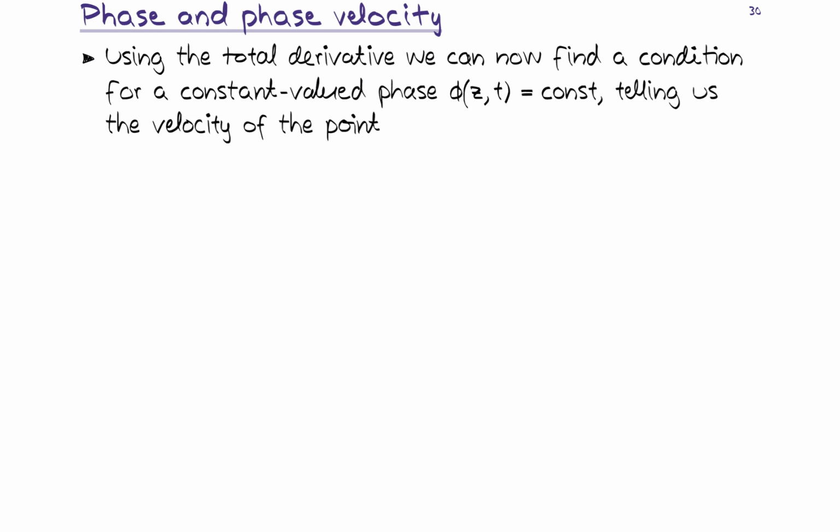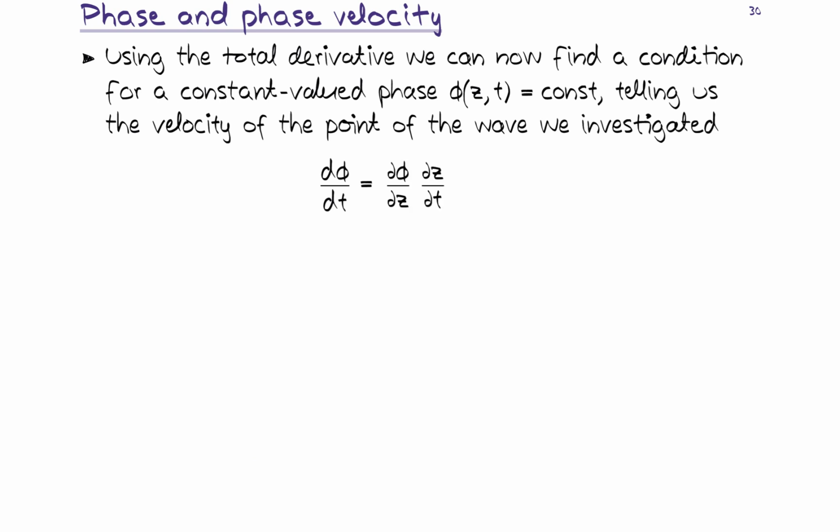So it really gives us the propagation speed using this concept of phase of the wave. So we look at the velocity of this point of the wave, and we say that the phase function must not change, and then we will look at what comes out. So we calculate the total derivative, and as we already discovered, it was of this form, and now we say that this must be 0, so that the phase must be constant valued.